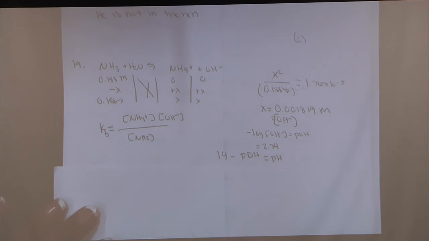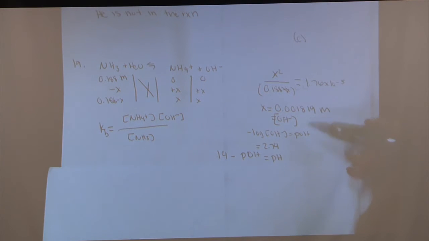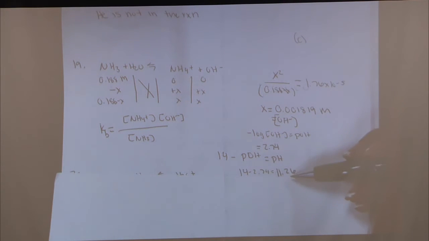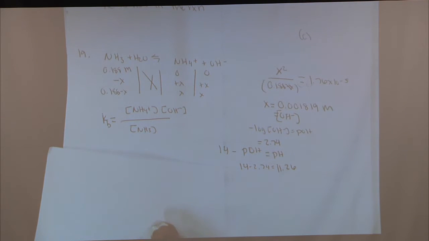Now you know that 14 minus the pOH will give you the pH. So if you do 14 minus 2.74, you'll get 11.26 as its pH. Which makes sense because it's greater than 7, it's basic, and that's what we are dealing with in this problem. So the answer choice for this would be D.